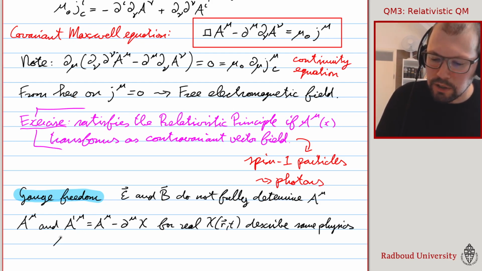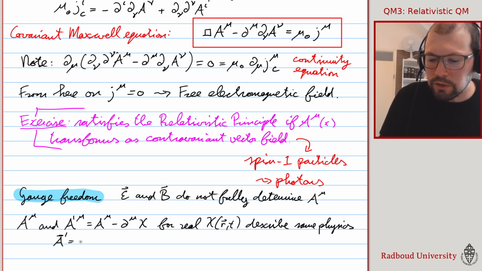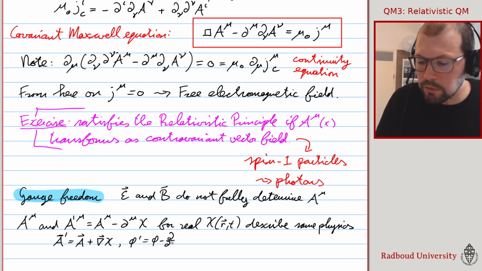Written out in a non-covariant way, the vector potential transforms by the addition of the gradient of chi, and the scalar potential by the subtraction of the time derivative of chi.